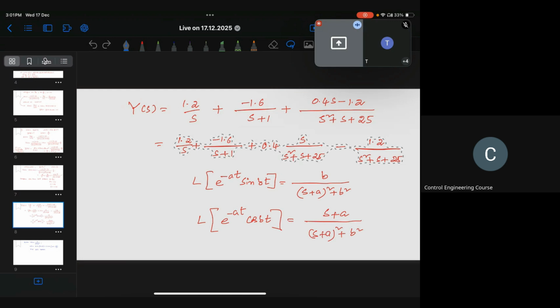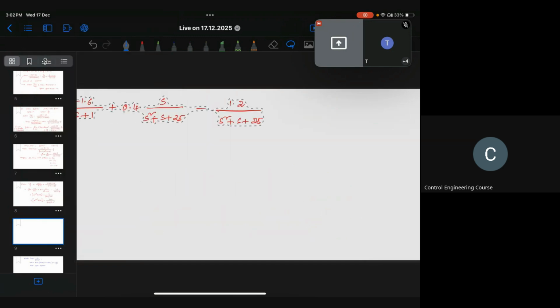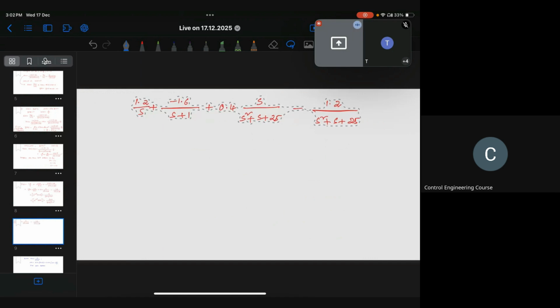We want to put this part into these Laplace transforms. So for that reason, this is our Y(s). We can write this as 1.2 by s minus 1.6 by (s + 1), where we can directly take the inverse Laplace.